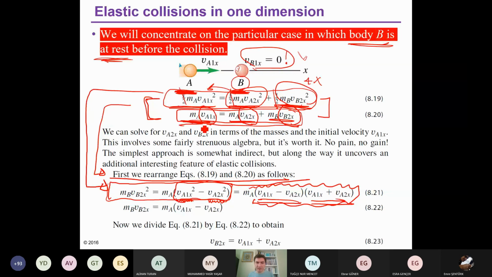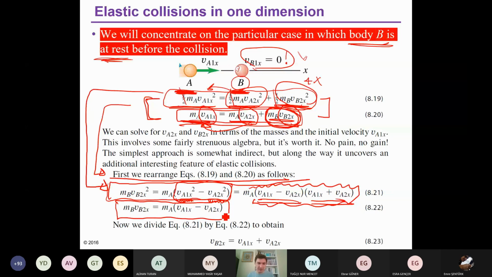Here we have again the final momentum of the B ball on the right side. Just keep this one on the right side and take this one to the left. So finally we have here final momentum of the B ball, and it can be written as MA times VA initial minus VA final.